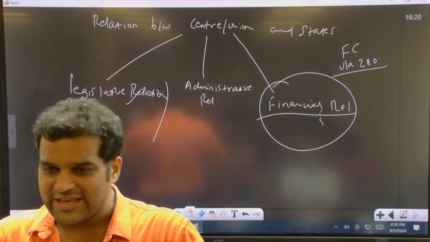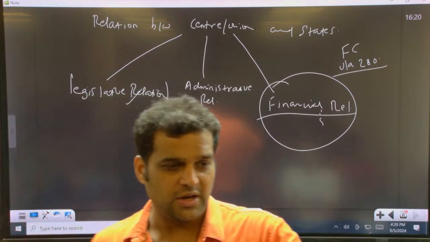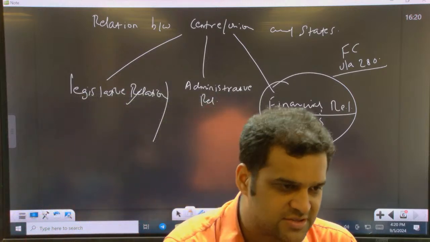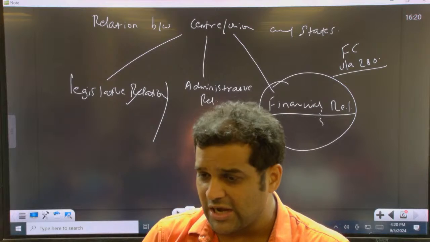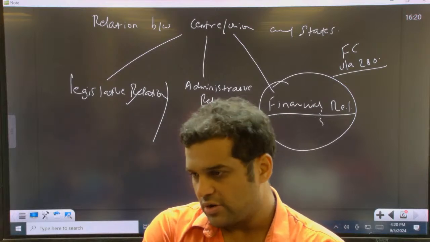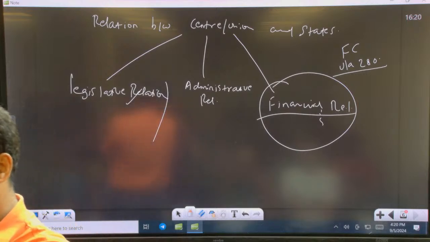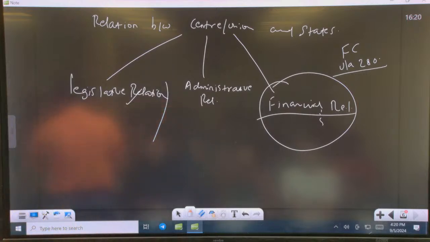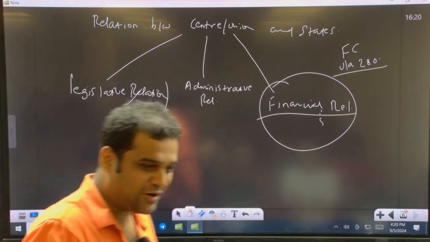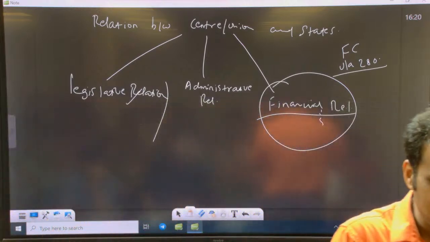It is done by a constitutional body called Finance Commission, constituted under Article 280. For 99% of the times, both the center and the states agree with its recommendation. Otherwise, had this body not been there, they would be pulling each other's heads. I want more money, you want more, I'll not give you more money. Because it's a very delicate subject.